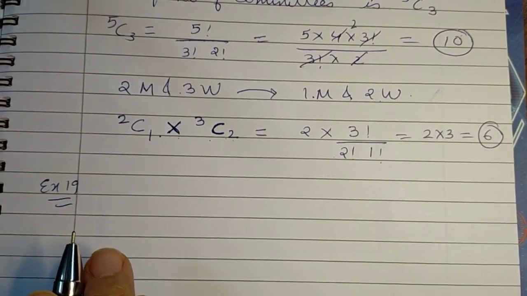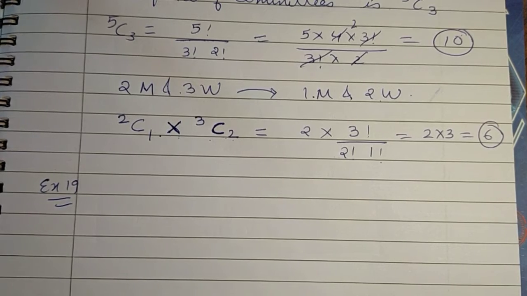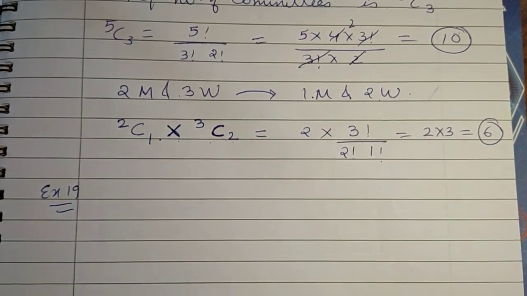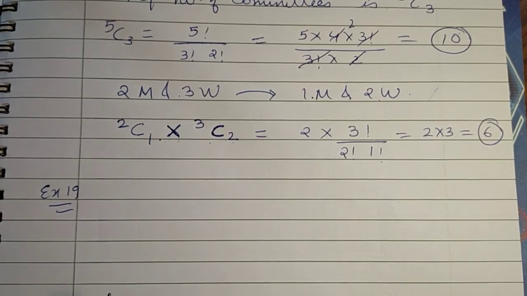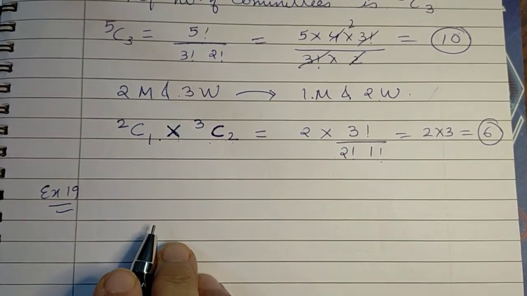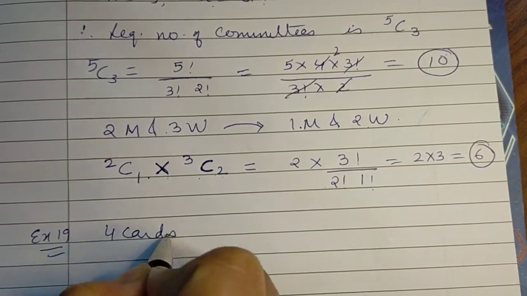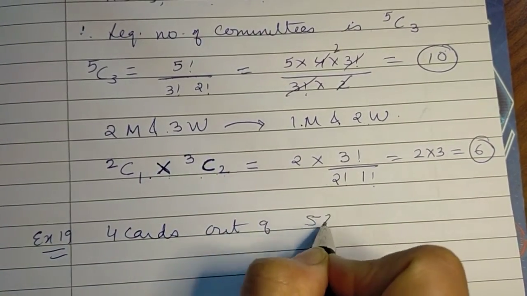Here again, the choice is important, not the order of choosing them. If you notice in this question also, before even the first part is asked, one question is already over. That is, what is the number of ways of choosing 4 cards out of 52?